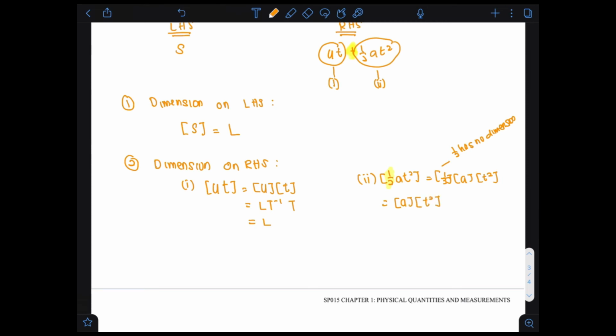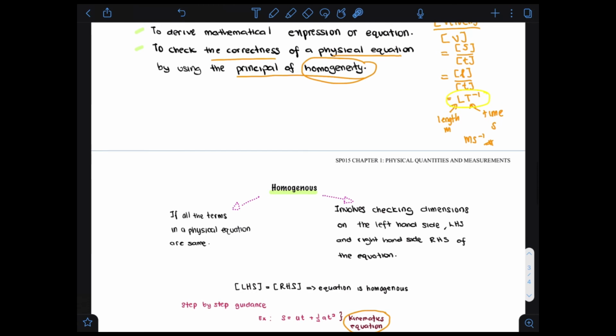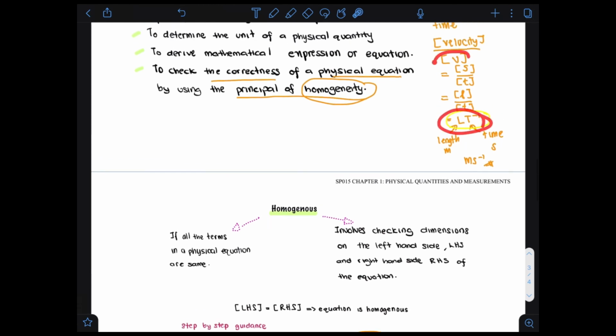This is what I end up with for the second part. So A dekat sini adalah acceleration, and we know the formula for acceleration adalah velocity over time. Okay, velocity over time, and dimension untuk velocity kita dah dapat tadi daripada sini. Saya boleh ambil velocity LT negative 1, ataupun dekat atas tadi kita dah buat LT negative 1 adalah dimension for velocity here.